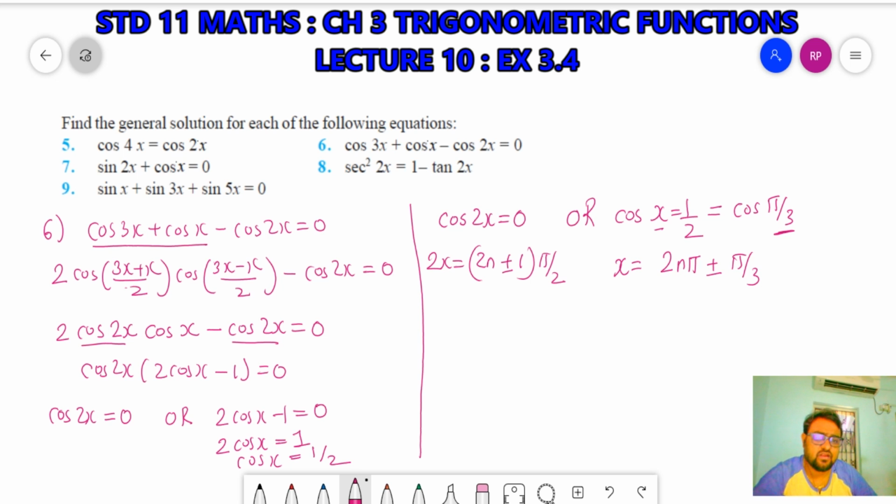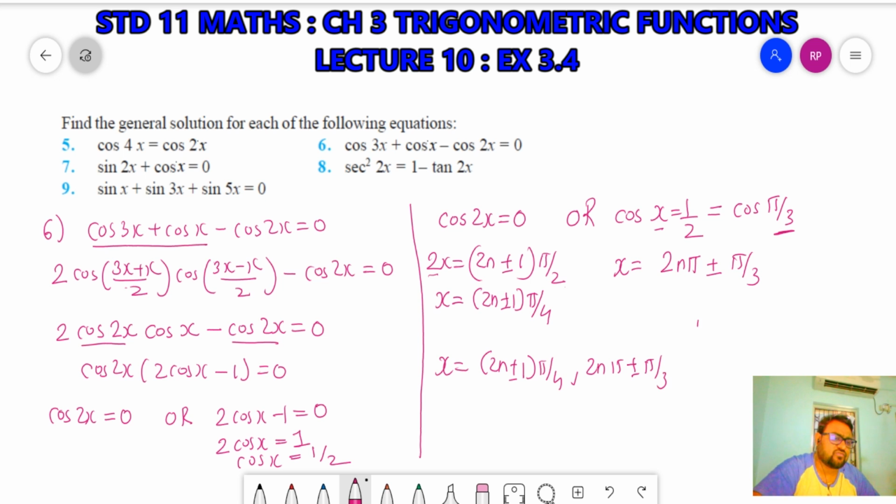When I solve this further, I will get x is equal to 2n plus minus 1 pi by 4. When this 2 goes on this side, it will be divided. So x is equal to the general solution 2n plus minus 1 pi by 4 or 2n pi plus minus pi by 3 such that n belongs to Z.